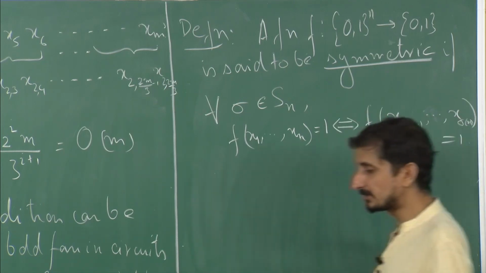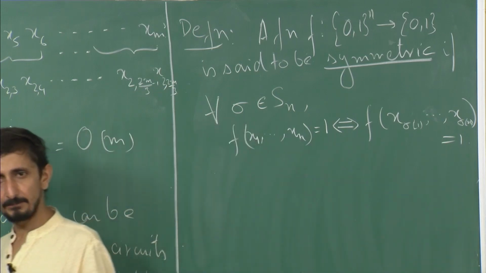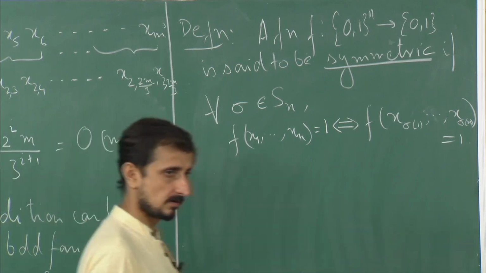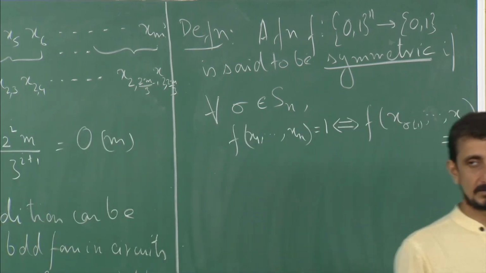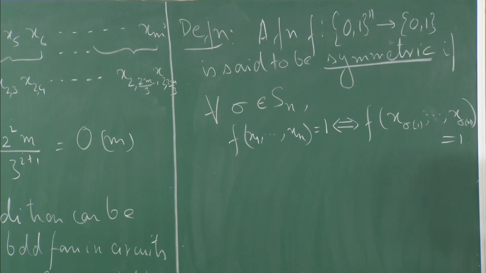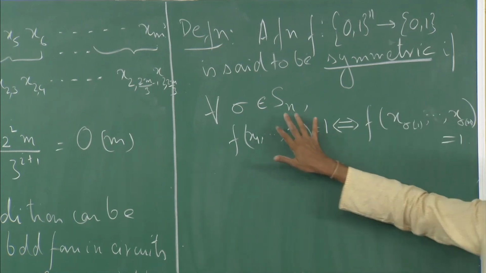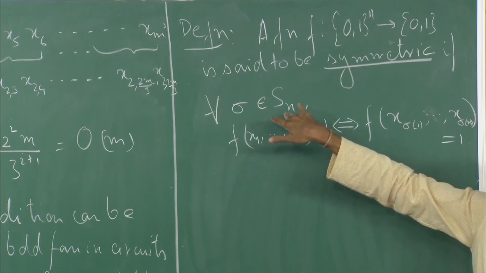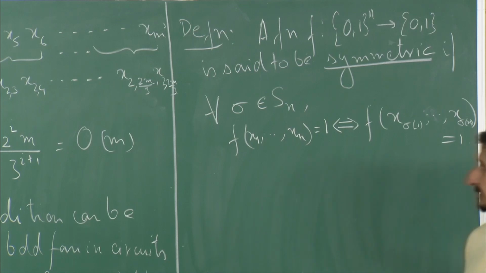So, essentially what this is saying is that a function is symmetric if no matter how you rearrange the input bits, it will have the same value, that is all. Okay. So, irrespective of the rearrangement. So, Sn is basically the set of all permutations of size n.